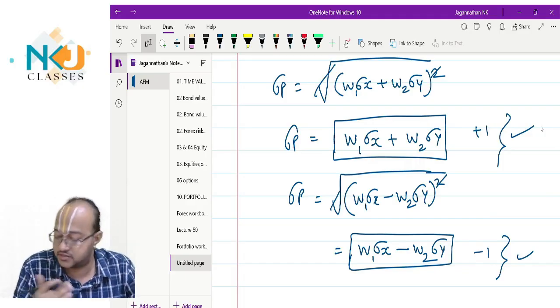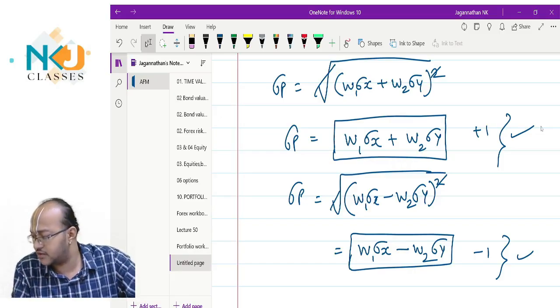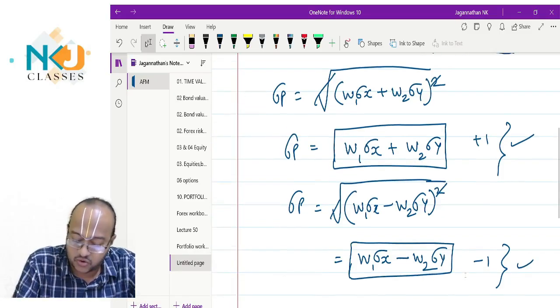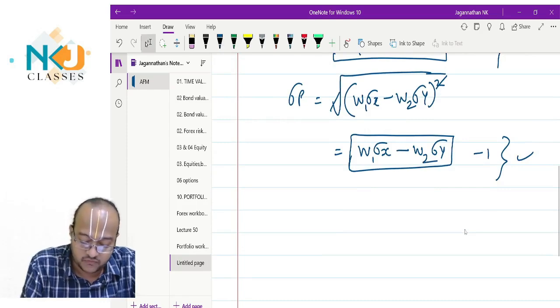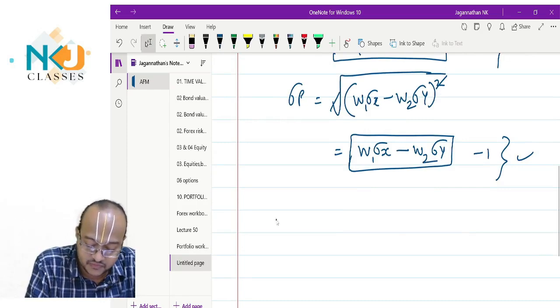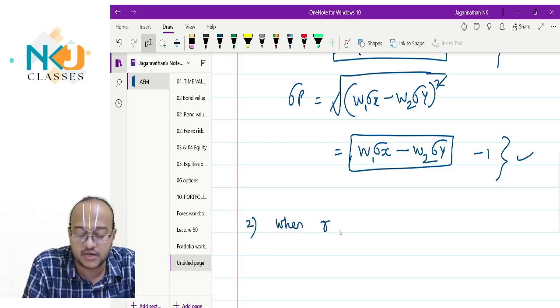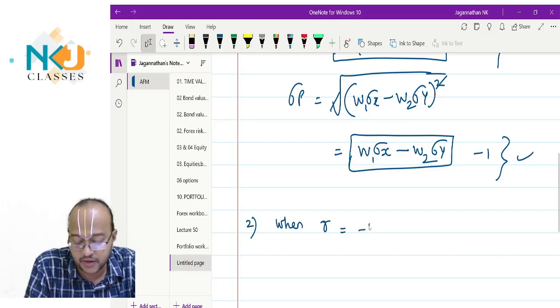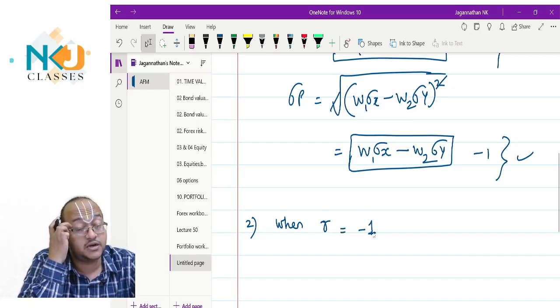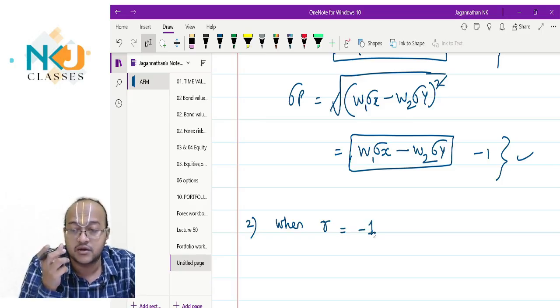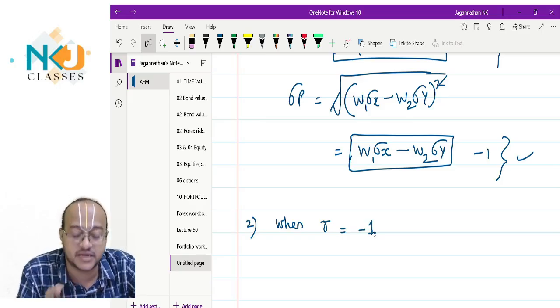Is this clear? Next, see, one more thing I wanted to tell. Point number 2: when correlation, I am denoting correlation as R, don't get confused. When correlation is perfectly negative, which means maximum diversification, maximum risk reduction happens at what stage?